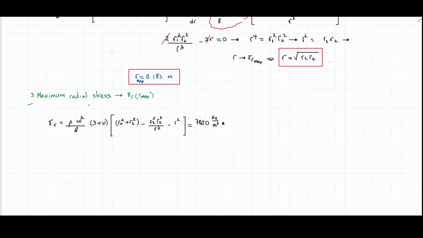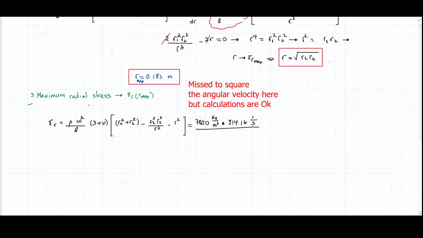How much is this? Just a second, just doing a quick calculation offline. It's 314.15. So this is going to be 314.16 radians per second. And then this is divided by 8 times 3 plus 0.3.